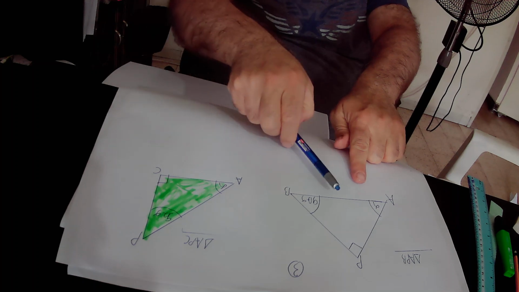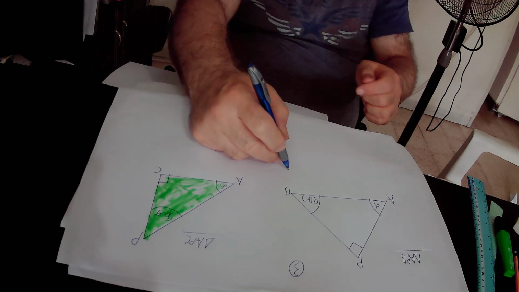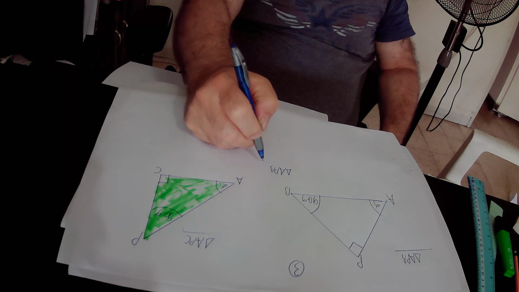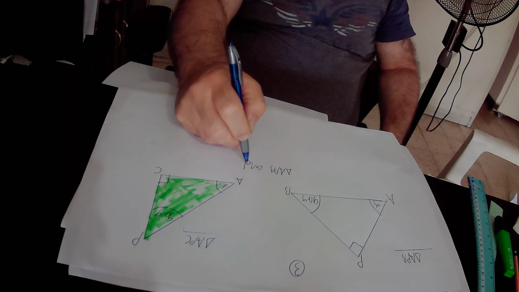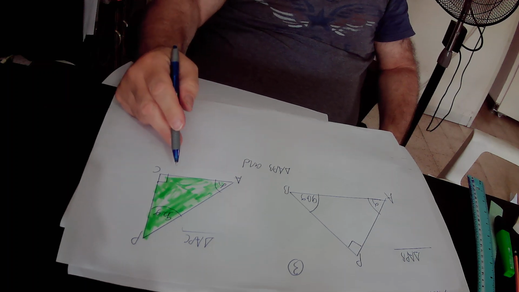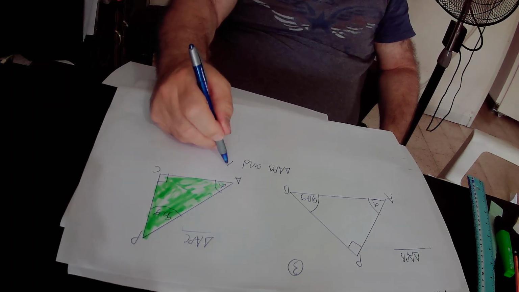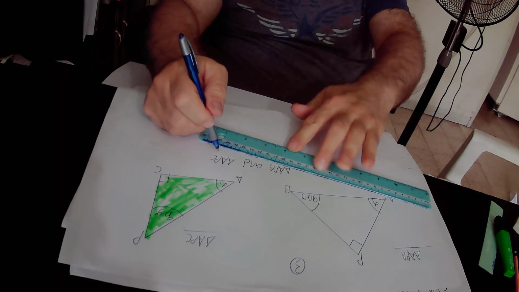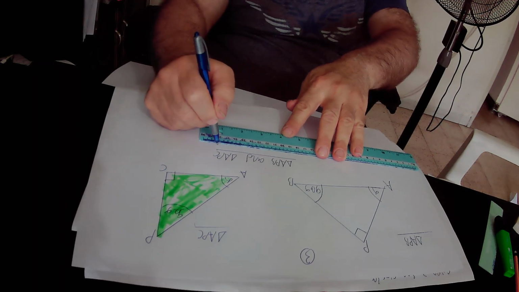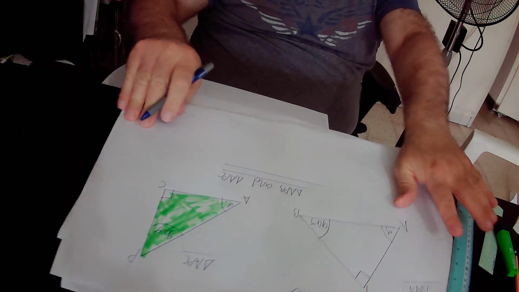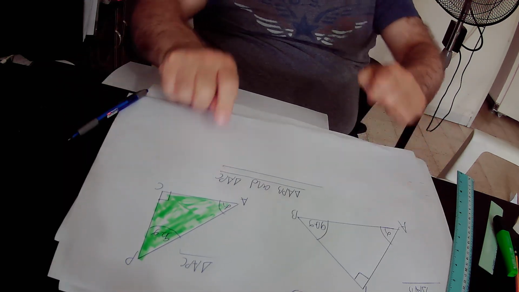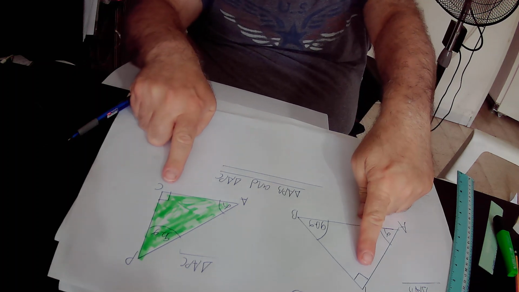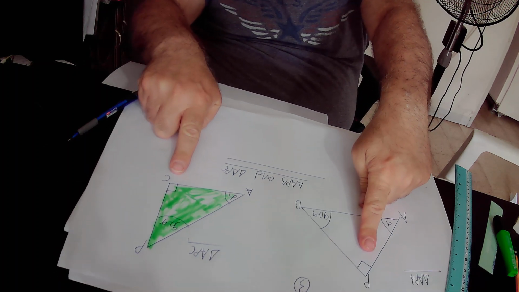So this is the right triangle APB, and we'll prove that it is similar to this right green triangle APC. Why are those two right triangles similar to each other? First of all, those two angles are both equal to 90 degrees, therefore they are equal to each other.